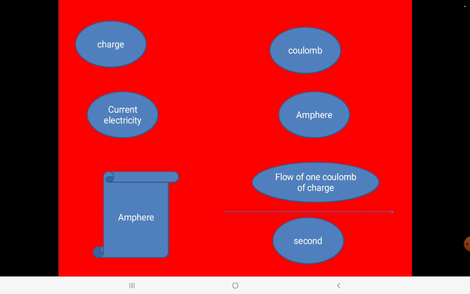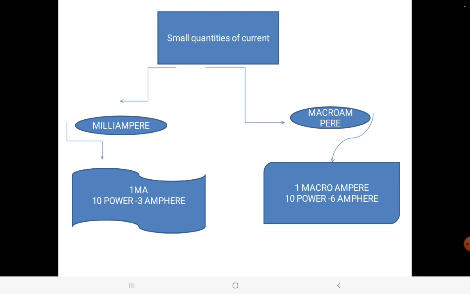Ampere is defined as the flow of 1 coulomb of charge through a particular area in 1 second. Flow of 1 coulomb of charge in 1 second is nothing but an ampere. Clear?